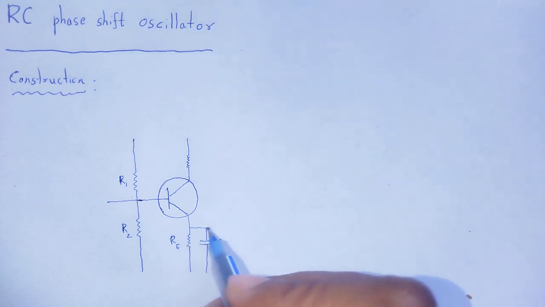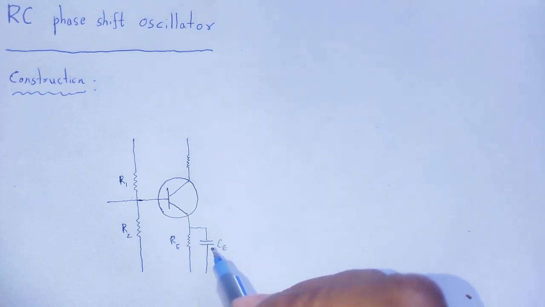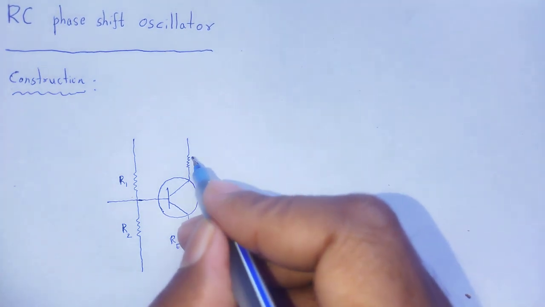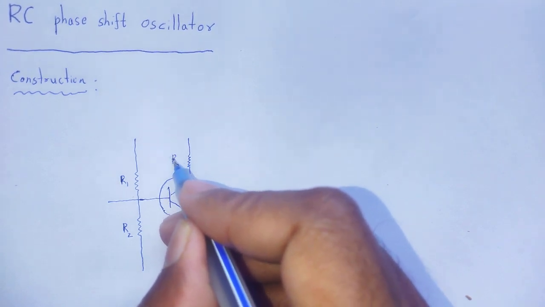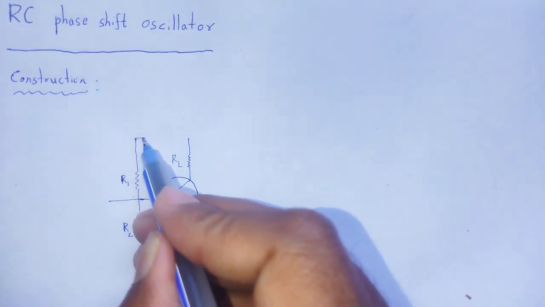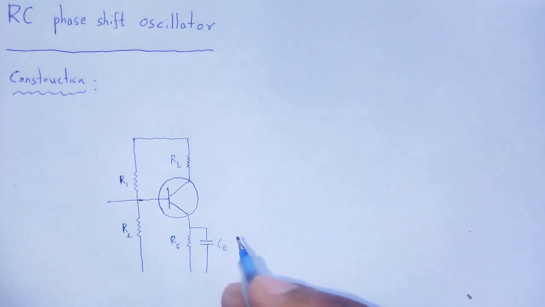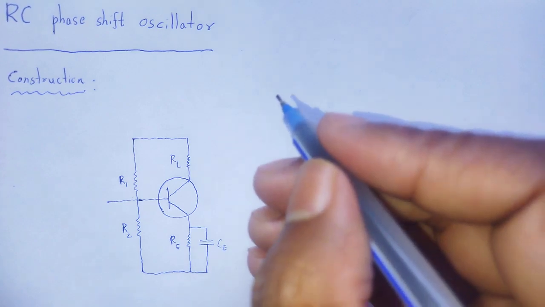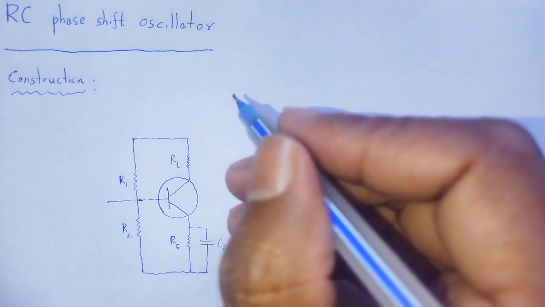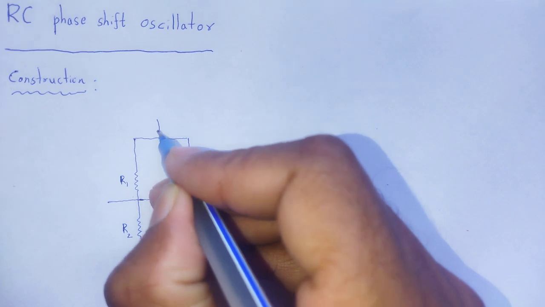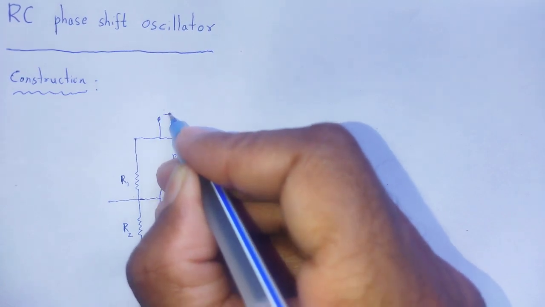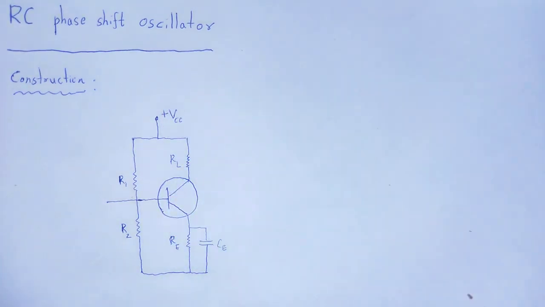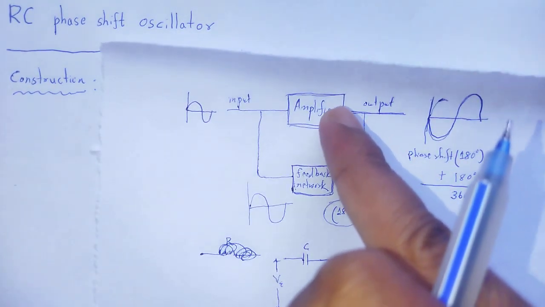AC passes through it and DC is obstructed by CE. At the collector is RL, connected to the point with potential plus VCC. That is the common emitter amplifier.